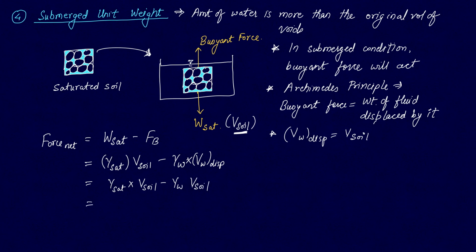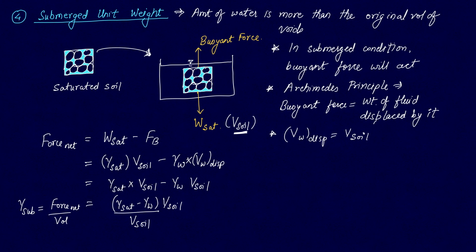Gamma submerged will be the net force per unit volume. Here gamma saturated minus gamma W can be taken into the bracket, and the volume of soil is common.